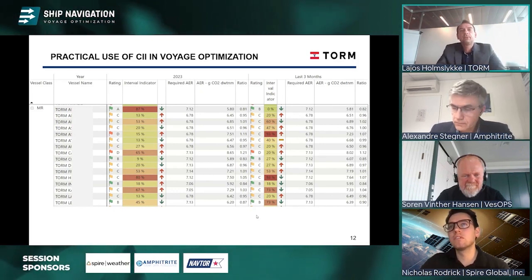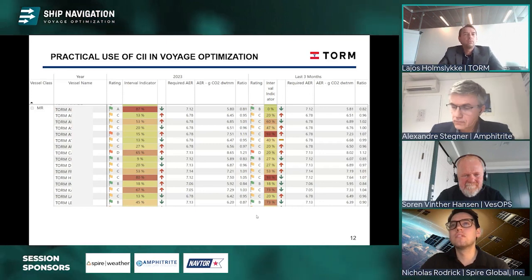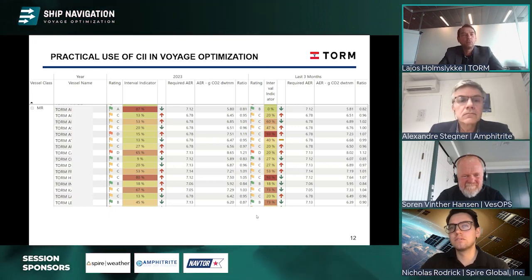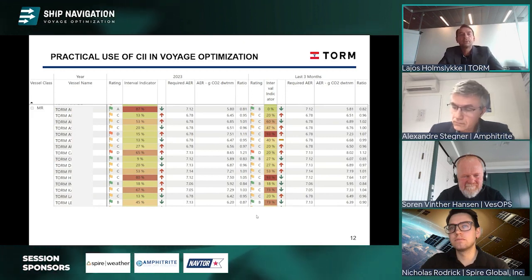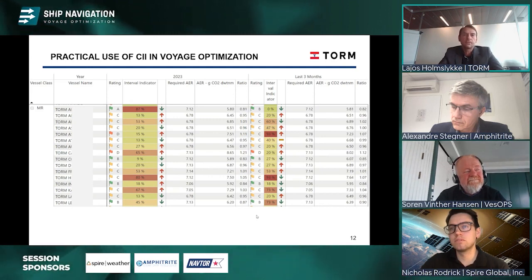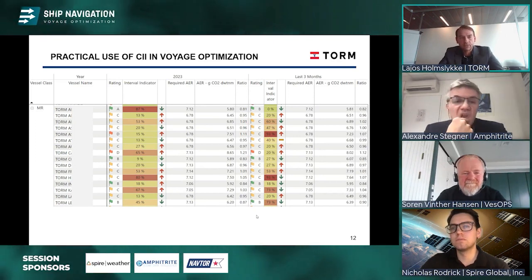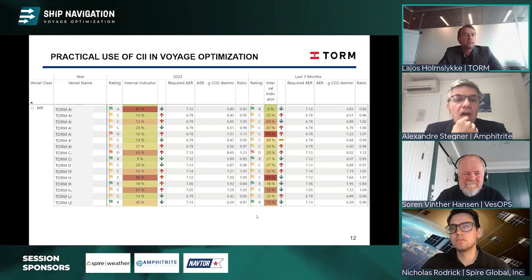Since we are a tanker company, and since we are trading globally, plus the fact that we actually have a very, very good team making sure that our hull fouling is always at a minimum, and our paints are always of very good quality, and our propellers are always clean, and the engine conditions are very good, we have actually not observed any vessels in our fleet where we think that they will be in a red zone, a D or E, by the end of the year.